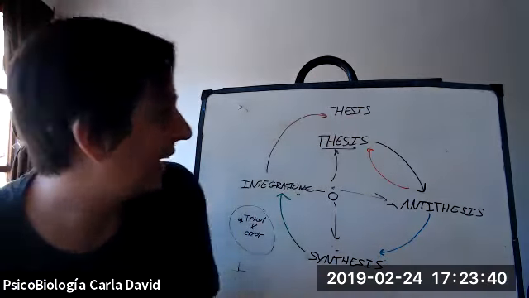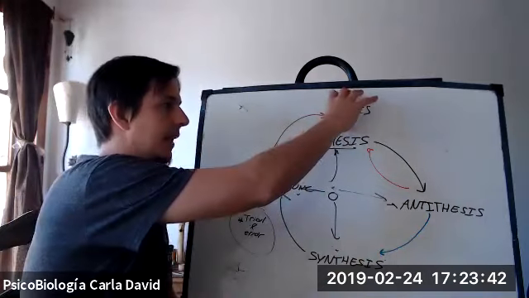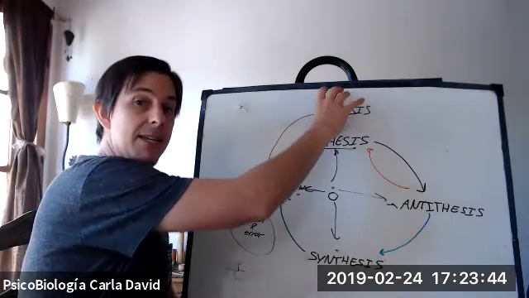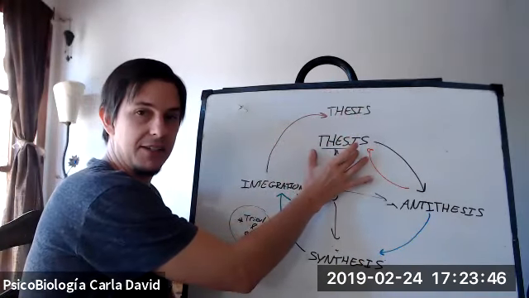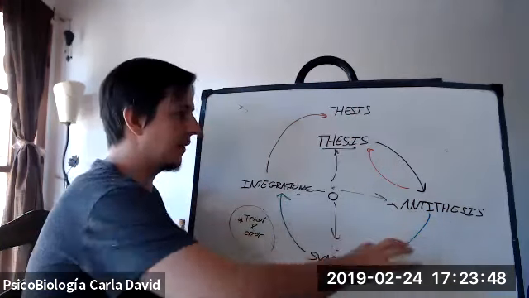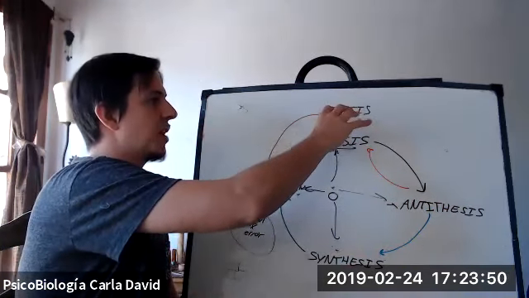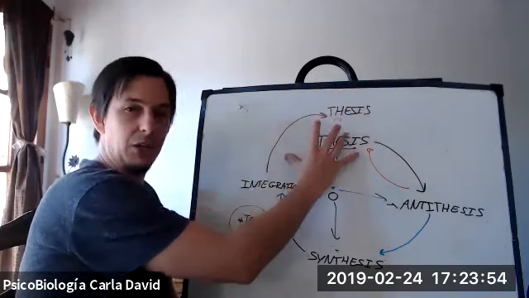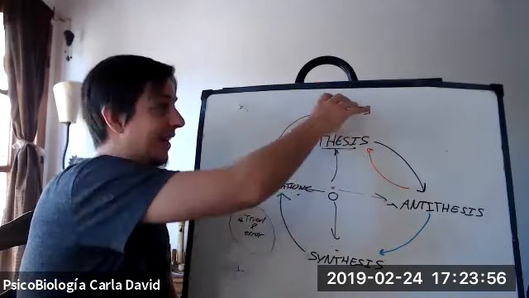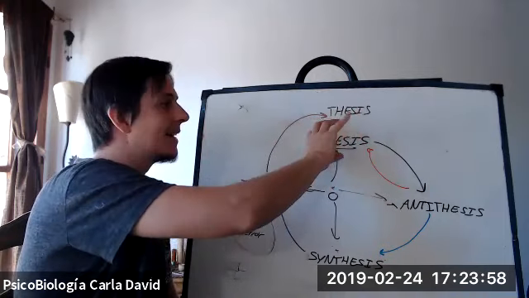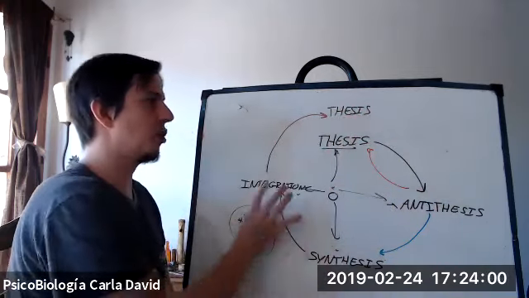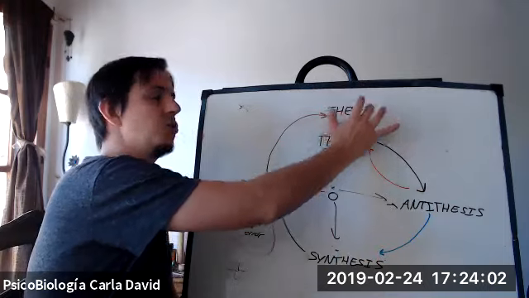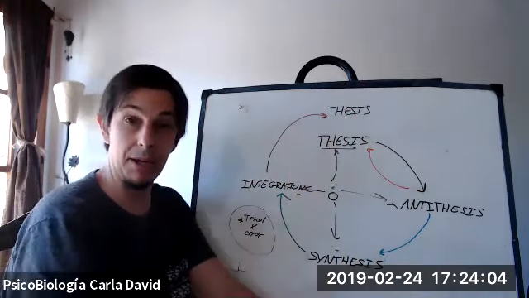Now, check out this thesis. It is built upon this other thesis here. So it's in a different level of the spiral, which has transcended this thesis, but at the same time includes it. See, and it includes it. So this one still is their emergence, allowing this new thesis to appear.